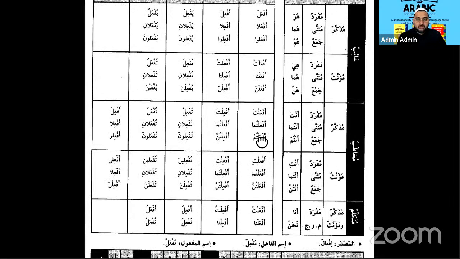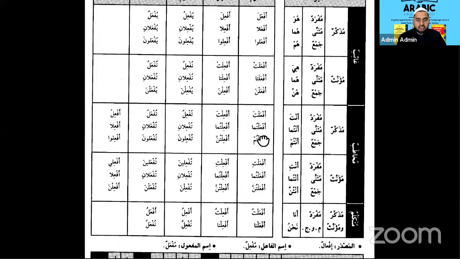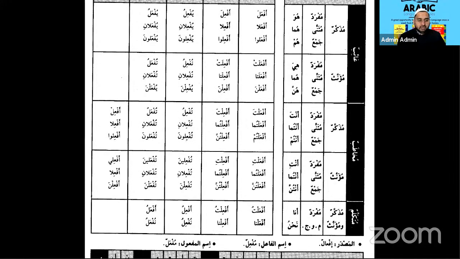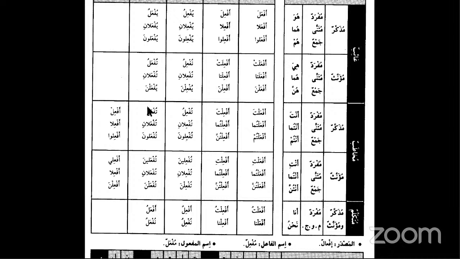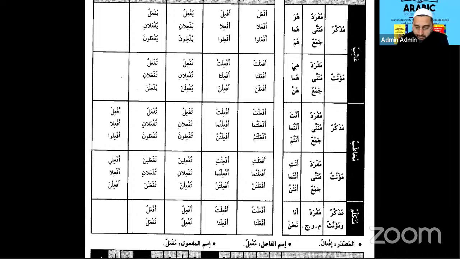What difference do you see with this verb conjugation and the ones which you have done previously? They've all got Hamza, the Hamza al-Wasl. Yeah, this Hamza here is called Hamzatul Qat. There's an extra letter here, alif, correct?